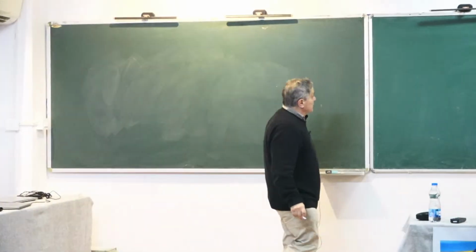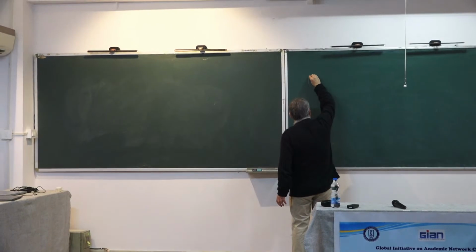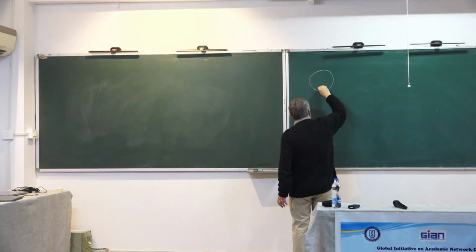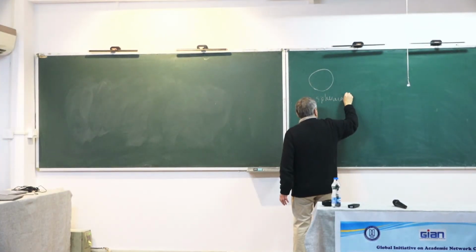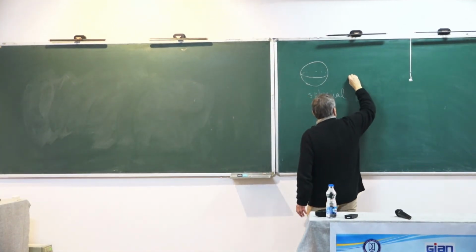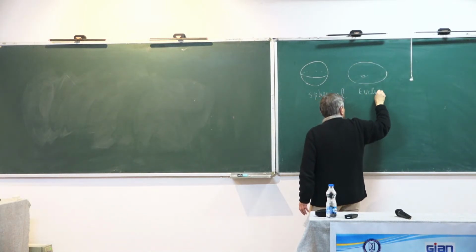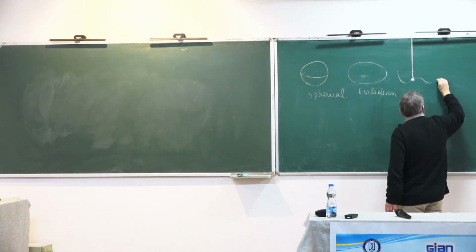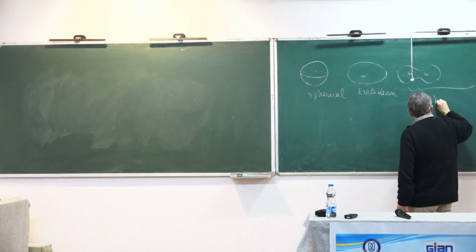So let me just remind you of something. We have all these geometries. This is spherical. This is Euclidean. And this is hyperbolic.